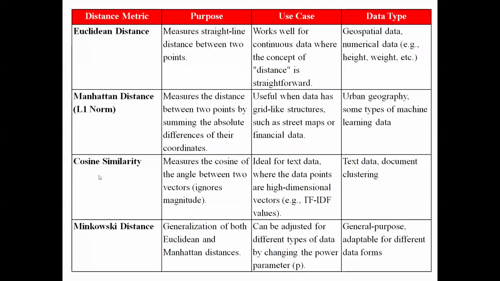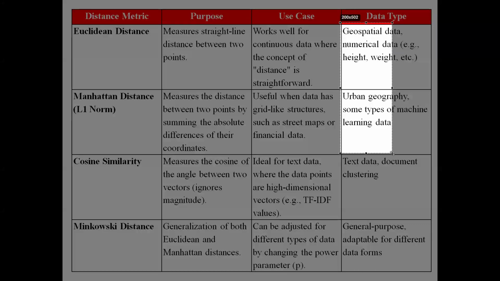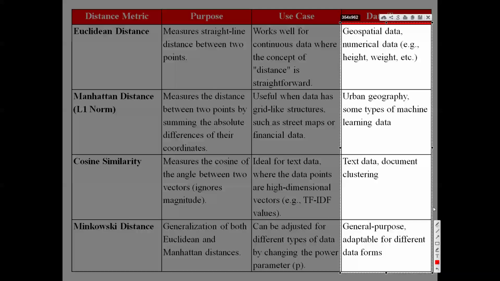Now many times this question arises: for which particular data set do we have to take a specific distance metric? You can see here, if we have geospatial data, numeric data, then Euclidean distance. If we have urban geography data, for example you are working on IoT, internet of vehicles, IOV, some path optimization or route optimization, in that case Manhattan distance.